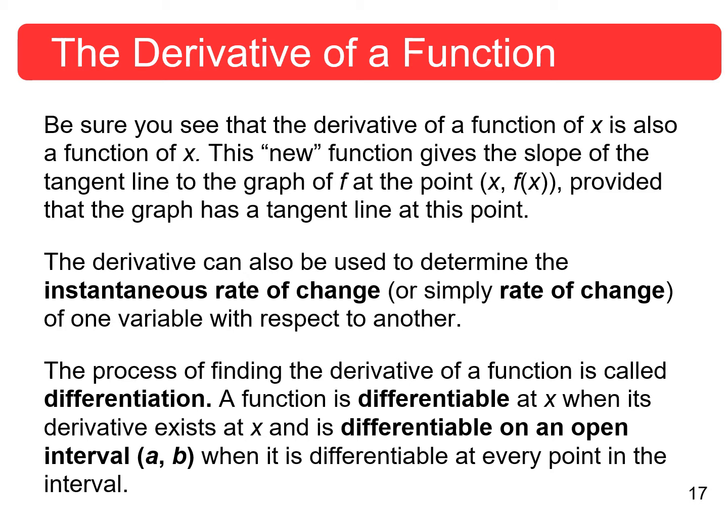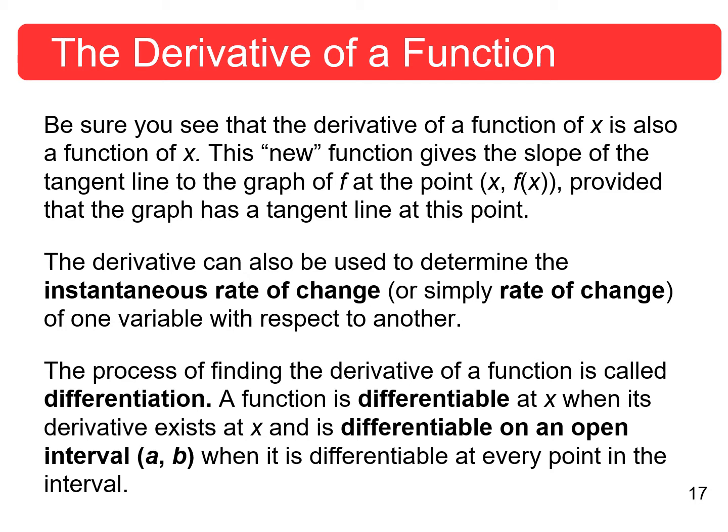This new function gives the slope of a tangent line to the graph of f at any point, provided that the graph has a tangent line at that point. Now the derivative can also be used to determine the instantaneous rate of change, or simply rate of change, of one variable with respect to another.